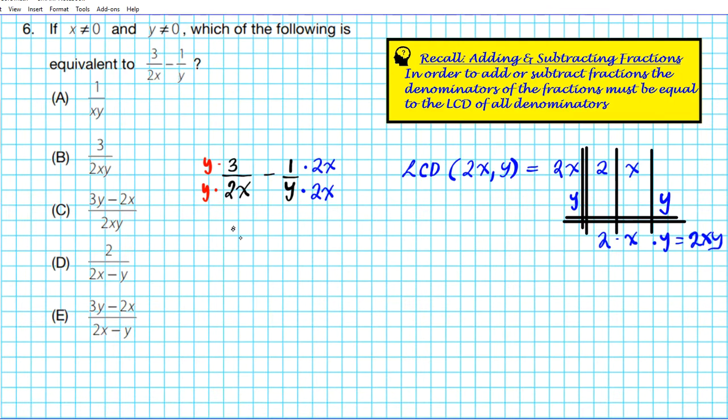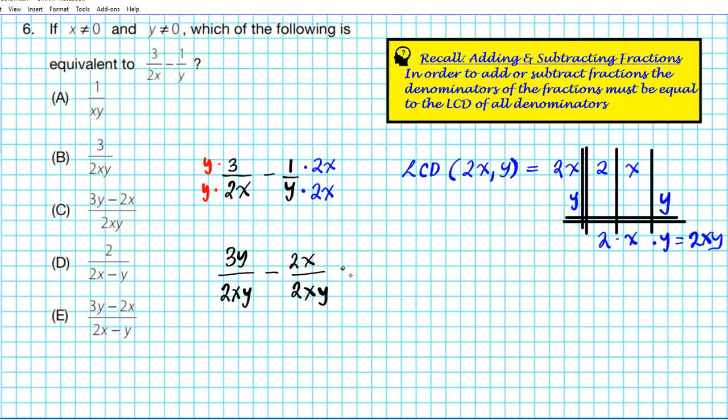In the numerator, for the first fraction, we have 3y over 2xy minus 2x over 2xy. So this difference of fractions we have is exactly equal to these. These are equivalent fractions where the denominators are both equal to the LCD 2xy.